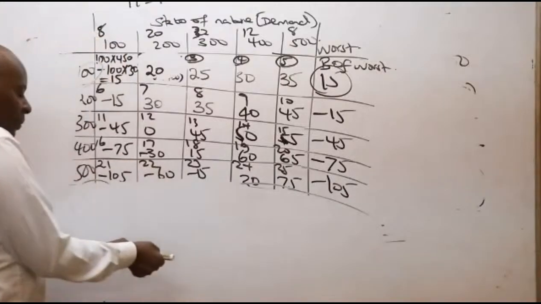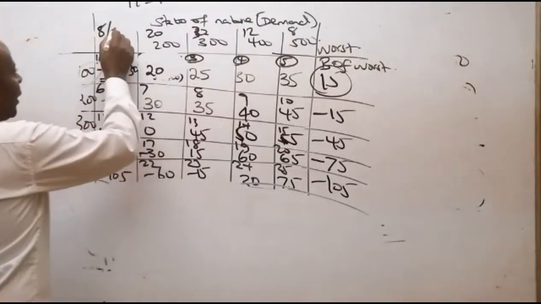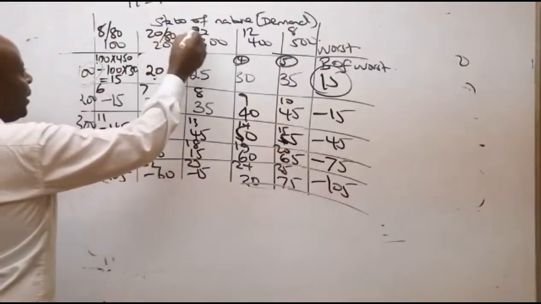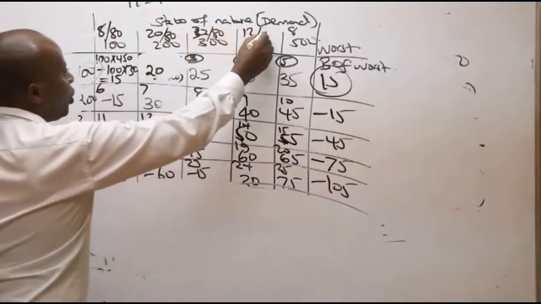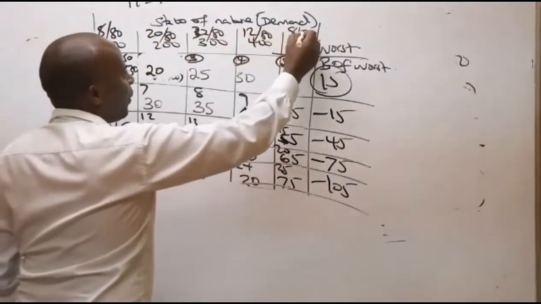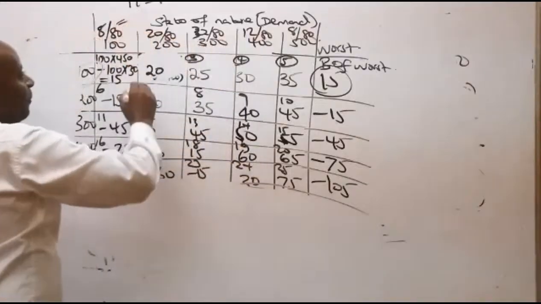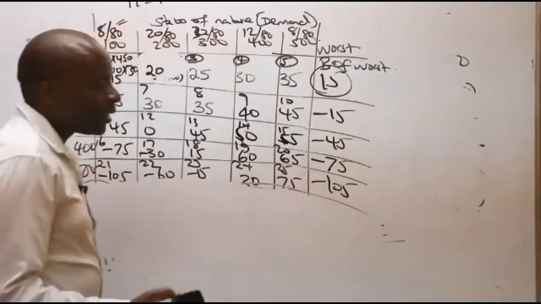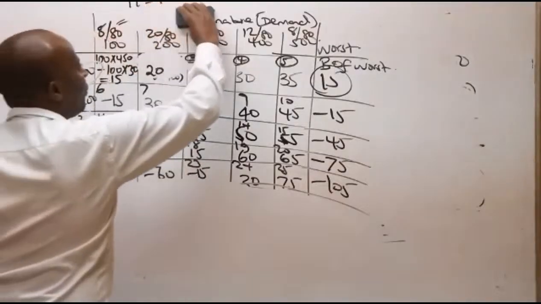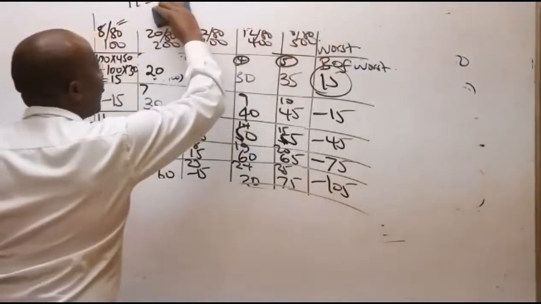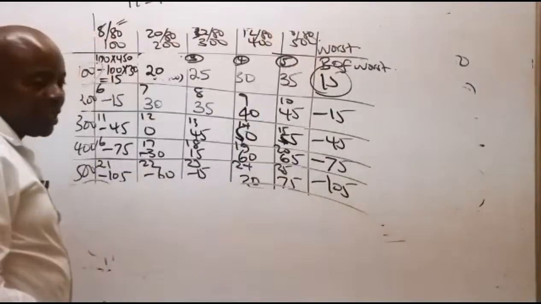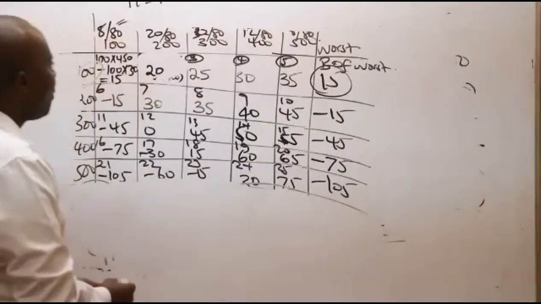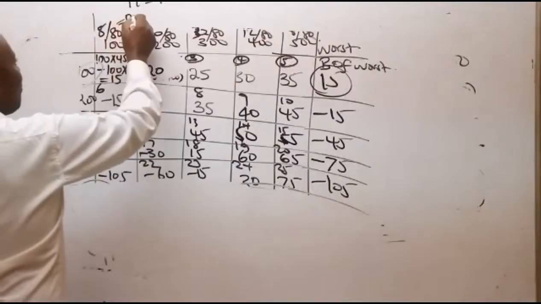So then I'll talk of 8 over 80, 20 over 80, 32 over 80, 12 over 80, 8 over 80. Please give us figures here. So 8 over 80 gives us 0.1.